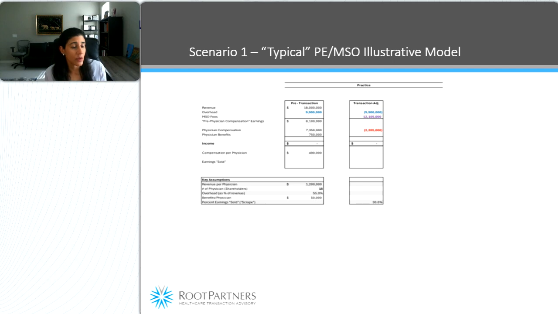To get into it, we have this description of an MSO. Management service organizations are entities that are utilized to get around CPOM restrictions in various states. And it's the business entity that will provide certain non-clinical or administrative or operational services.